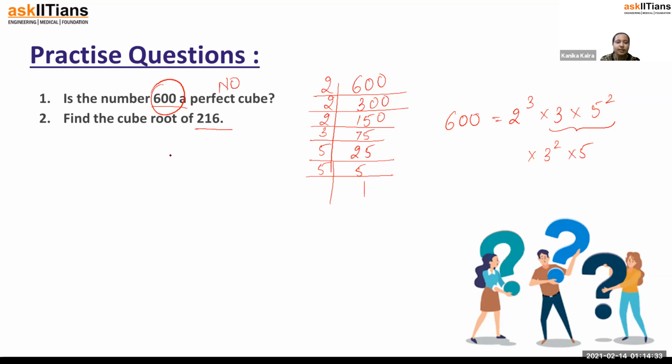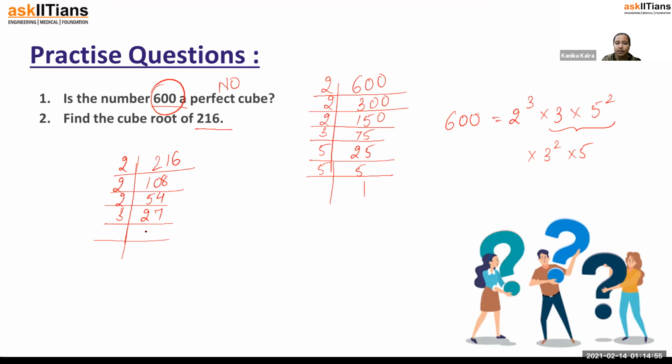Next question is, we need to find out the cube root of 216. So 216, let's find out the prime factorization. This would be 108, 54, 27, and 3.